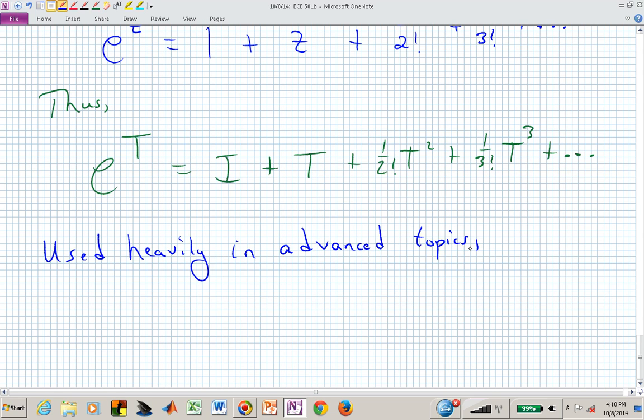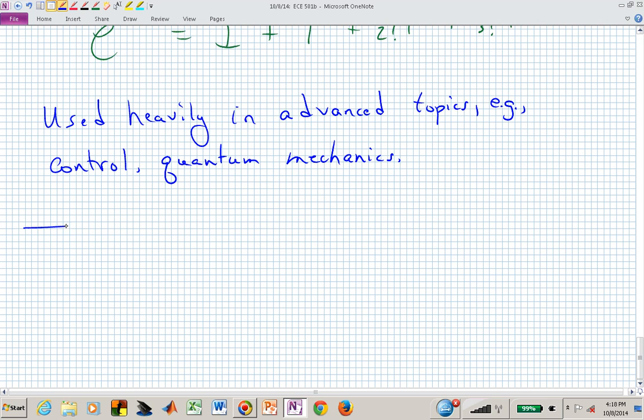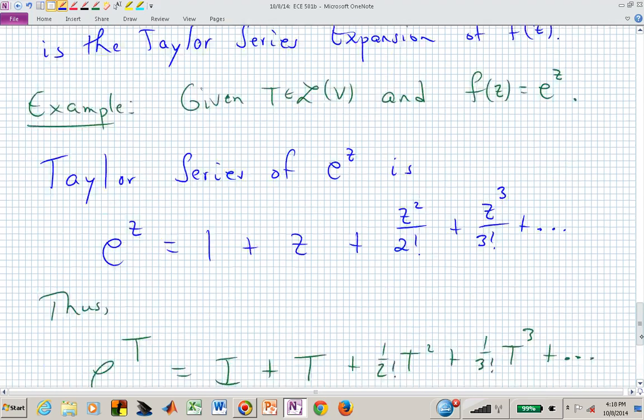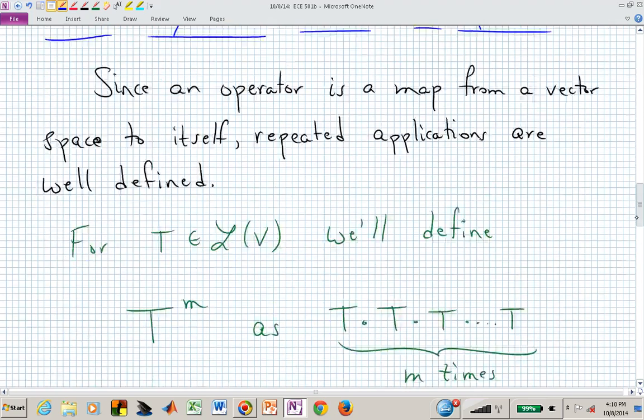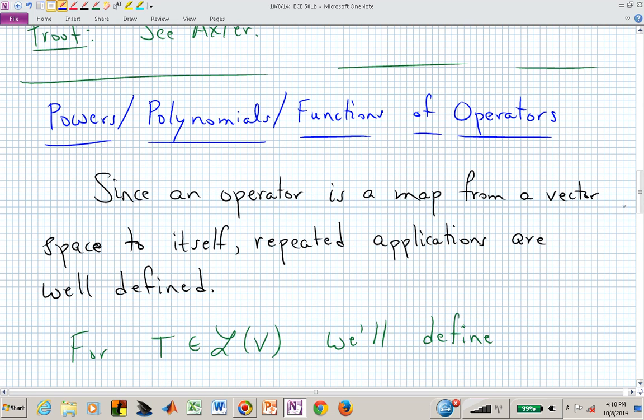Let's say in advanced topics, for example, control or quantum mechanics. Now, remember how we started that section: powers, polynomials, functions of operators.